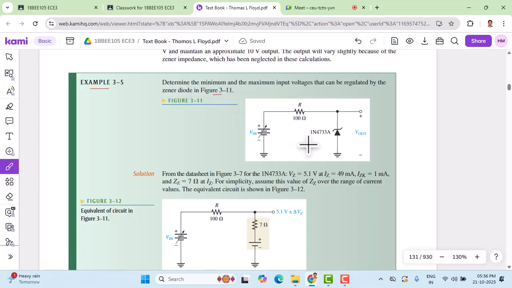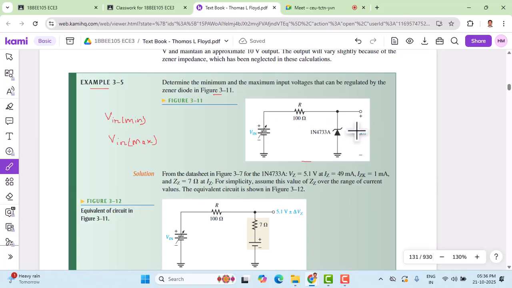This is figure 3.11, and we are asked to calculate the minimum and maximum input voltages. Similar to the problem that we have solved, we need to calculate Vin minimum and Vin max, the input voltages that can be regulated by the Zener diode.